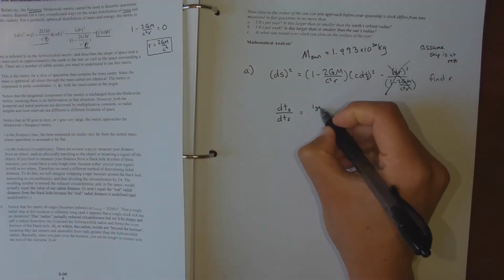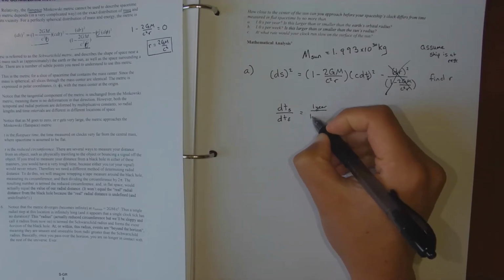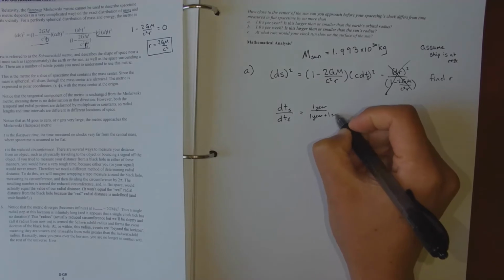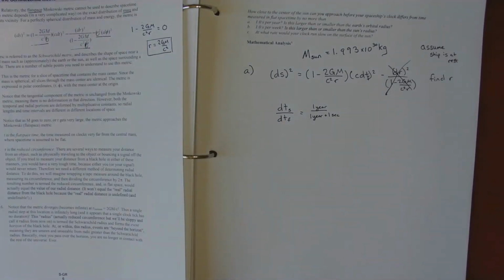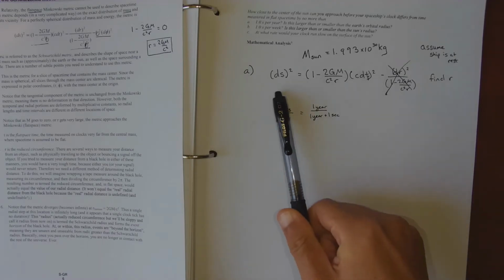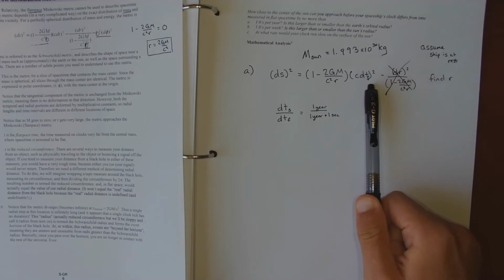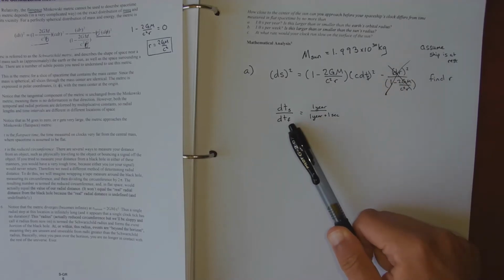So 1 year on the ship should be no more than 1 year plus 1 second for the people far away. So now I have one equation here, which has the r, which I'm trying to find, and the dt_f, and I have this relationship here.